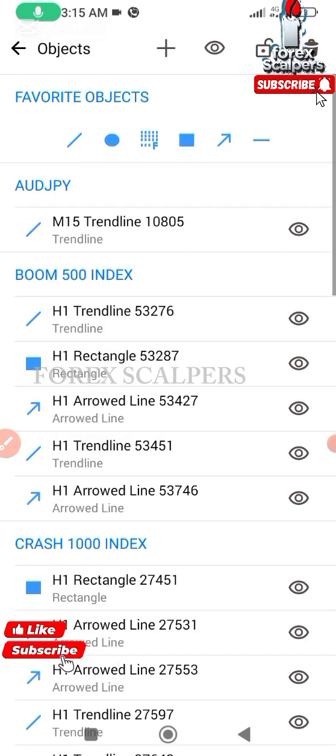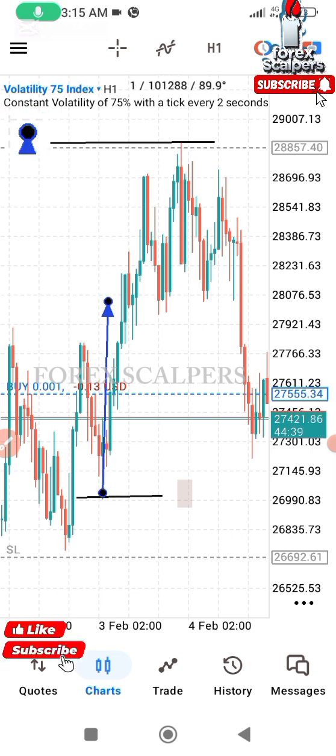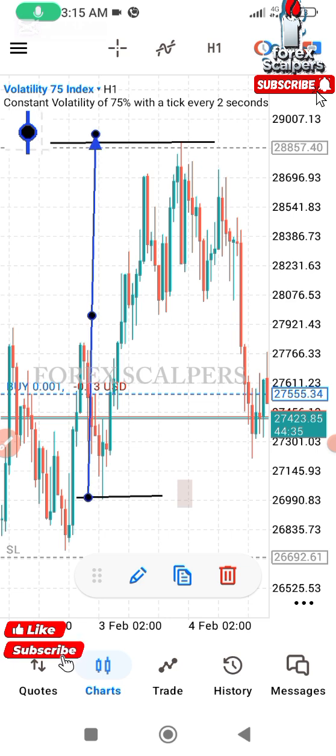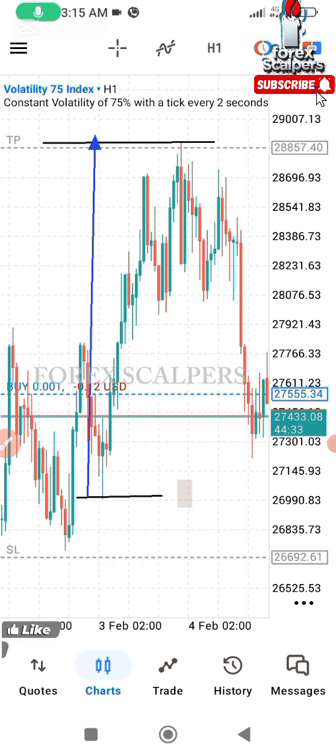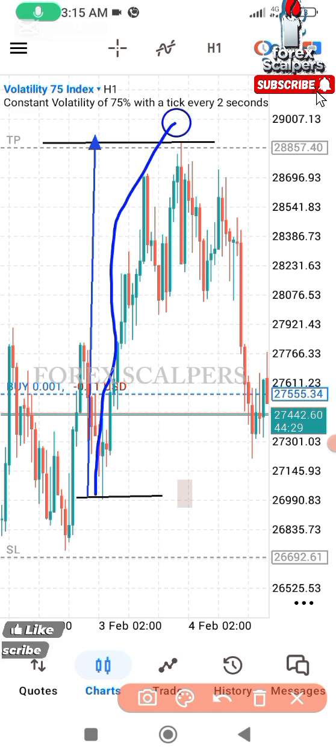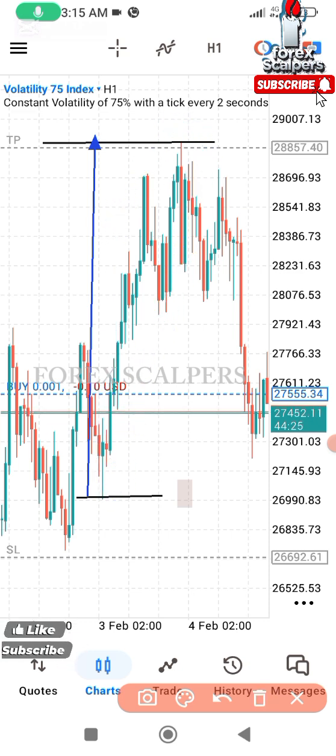So let me use this to show you the range I'm referring to. So this is our range. Okay, all of this recent movement from here this way is what we refer to as the range.